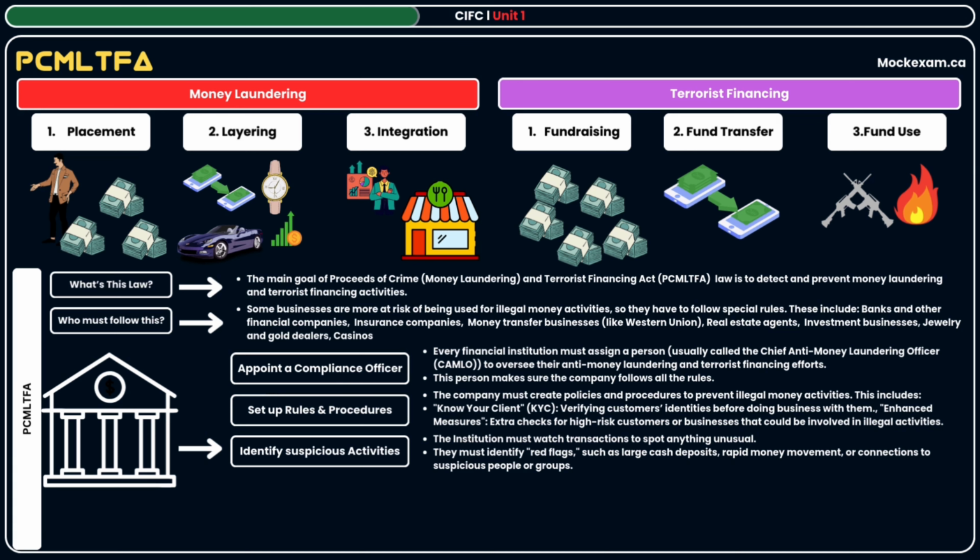They must identify red flags. What are the red flags? Such as large cash deposits. If somebody comes with 50K cash in hand and wants to deposit it in a checking account, it's a red flag. You should ask, okay, buddy, you have 50K, good for you, but where did you get that 50K from?